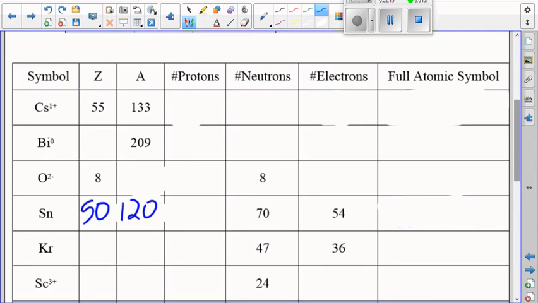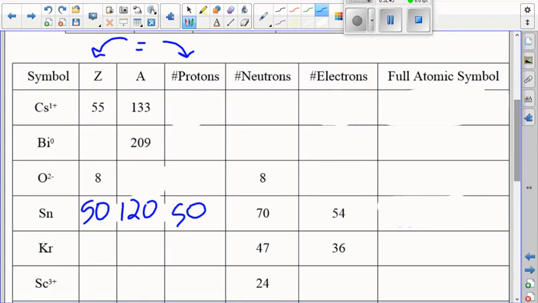You'll notice on your periodic table, tin's mass is listed as 118.7. So normally it's about 119. But this particular one with an extra neutron is 120. How many protons does it have to have? 50, right? The number of protons and the Z, those are always the same thing. They mean the same thing.